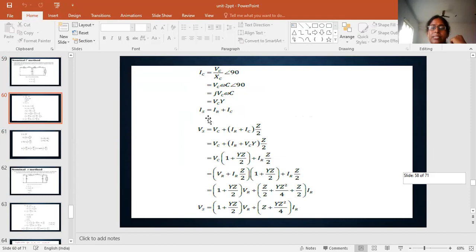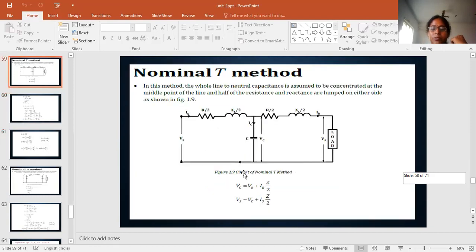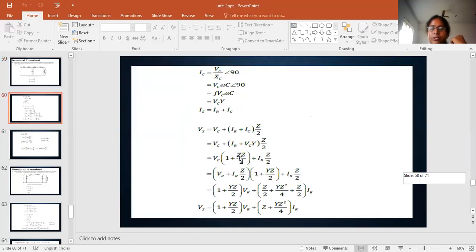We know the current expression Is equal to IR plus Ic. In that expression, in place of Vs we can substitute the Vc value and the Is value. Firstly, we can substitute the Is value and also the Vc value, no problem at all. Derive the expression in your books.